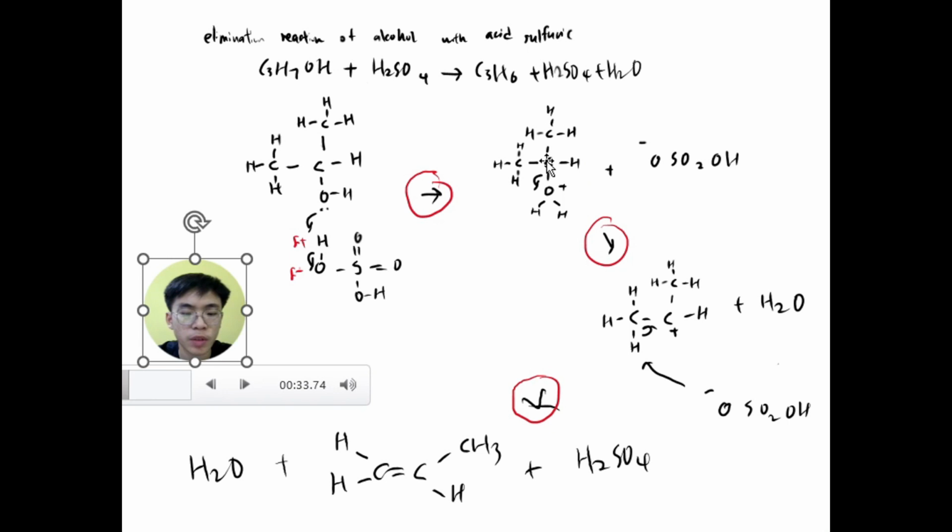And the bond between carbon and oxygen breaks and H2O will be produced. The negatively charged oxygen in the acid is used to make a bond to hydrogen in propanol, and this pair of electrons flips to a carbon-carbon bond and becomes a second bond. At the end, it will produce H2O and H2SO4 and also propene, which is C3H6.